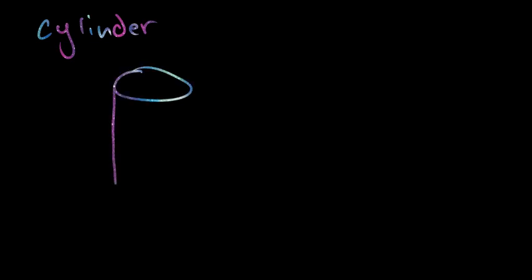So a cylinder. This was the portion that I told you guys to watch the video on. So here's a cylinder. And you guys are going to need to remember that in order to be able to take the surface area, I need to know a formula for the circle.